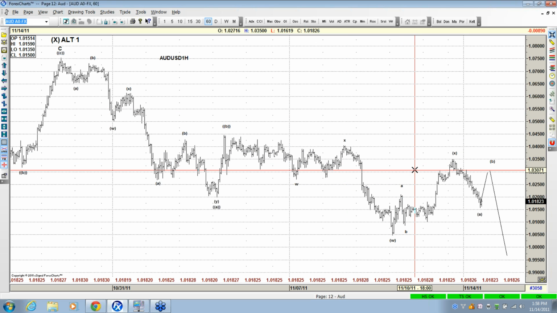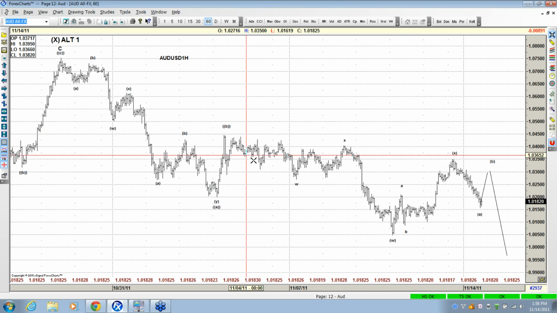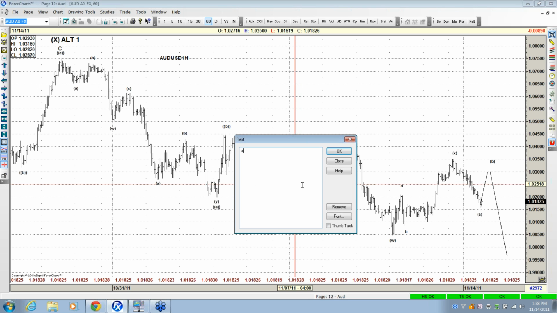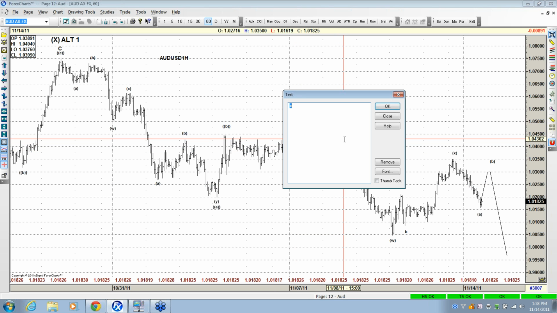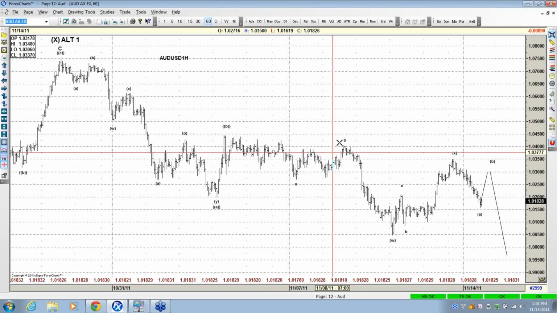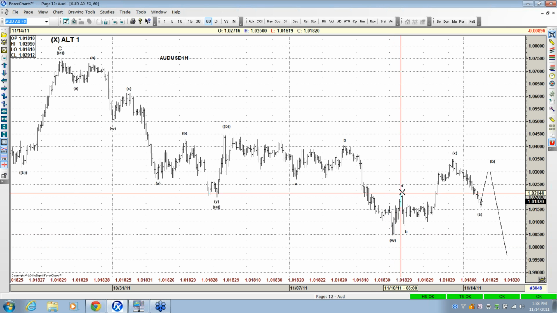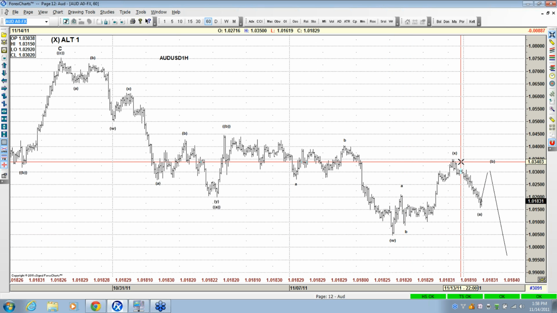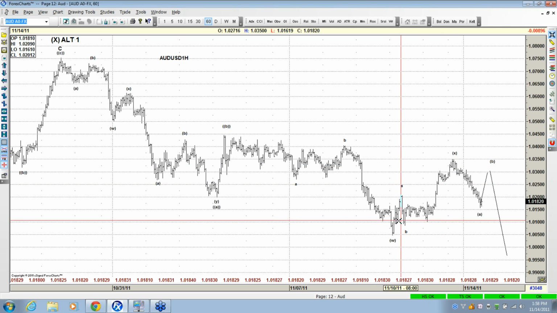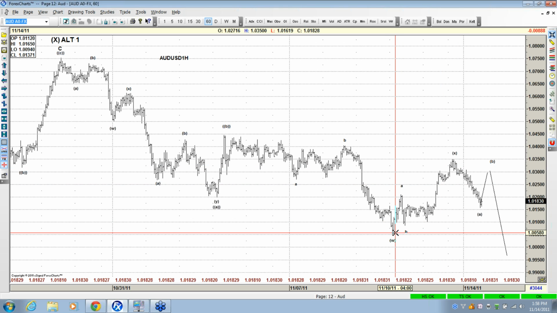I label it like an A or a W flat when you have 3, 3, and 5. That's W. Now, what you have back, 1, 2, 3, telling you that this low needs to be broken.